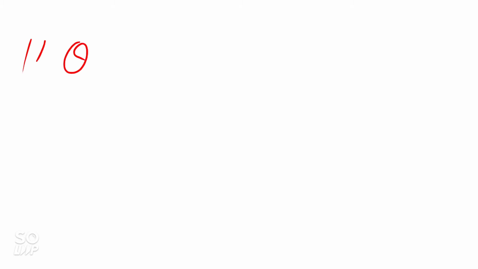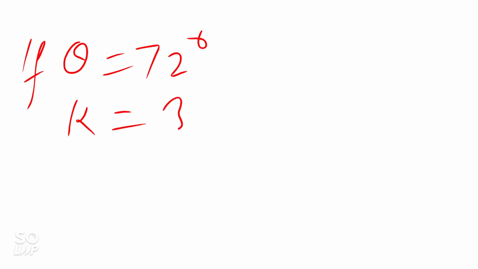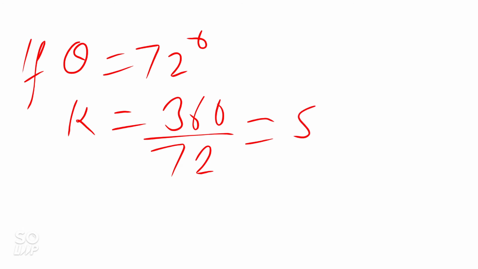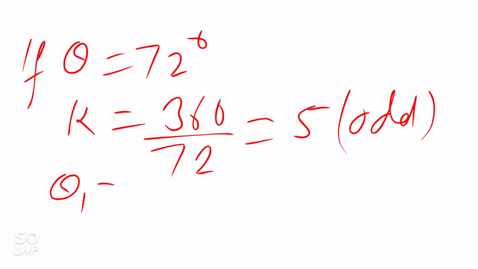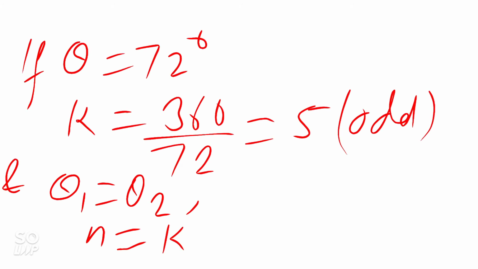If theta equals 72 degrees, you will get k equals 360 divided by 72, that means 5. This is an odd number, and if the object is placed symmetrically, that means theta 1 equals theta 2, then the number of images will be equal to k minus 1, that is 5 minus 1 equals 4.